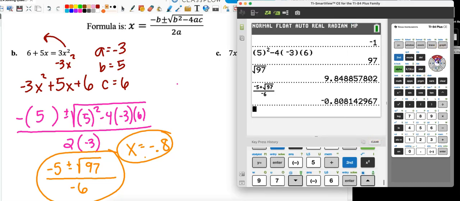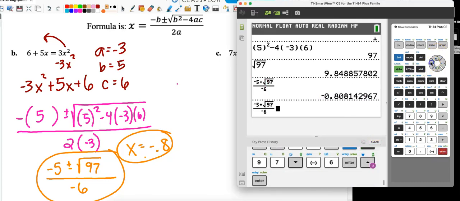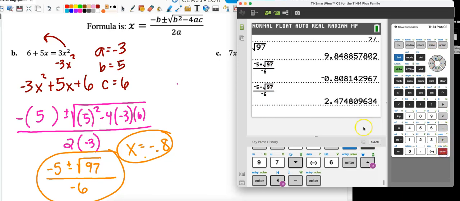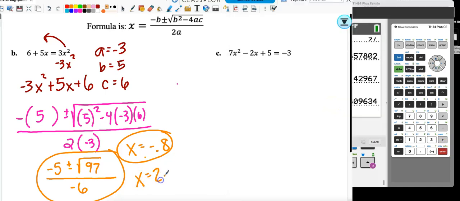My other answer, go up, copy paste, change that plus to a minus. My other answer is 2.5. Okay, so the answer with the radical is simplified. So if it wants it in simplest form, you would leave it like this. If it wants a decimal, you can turn it into a decimal. All right, let's try one more.